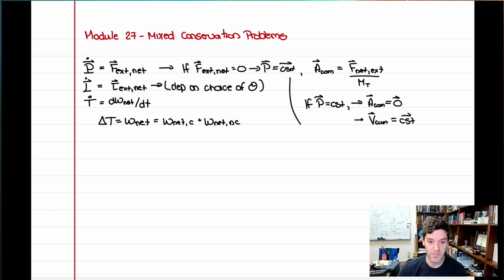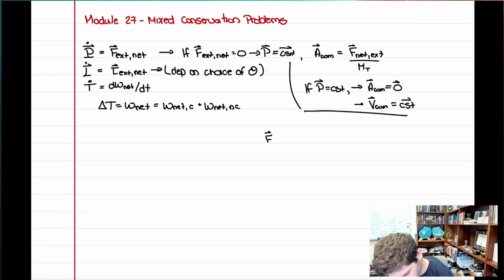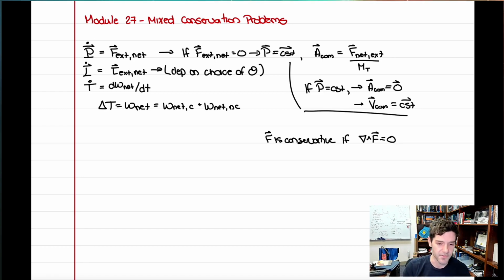That is a general statement, where I've additionally identified that there are particular forces where we can call them conservative forces. Remember, F is conservative if, and we had a test, if the curl of that force equals 0.